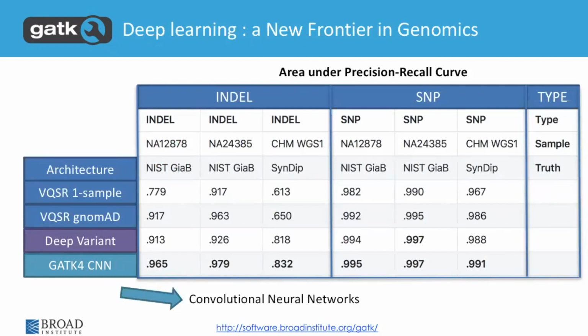So these are results for different samples and different tools. On the left you have indels and on the right SNPs, and we outperformed VQSR, and we also outperformed DeepVariant, which is both a variant finder and variant filtering tool that Google made.